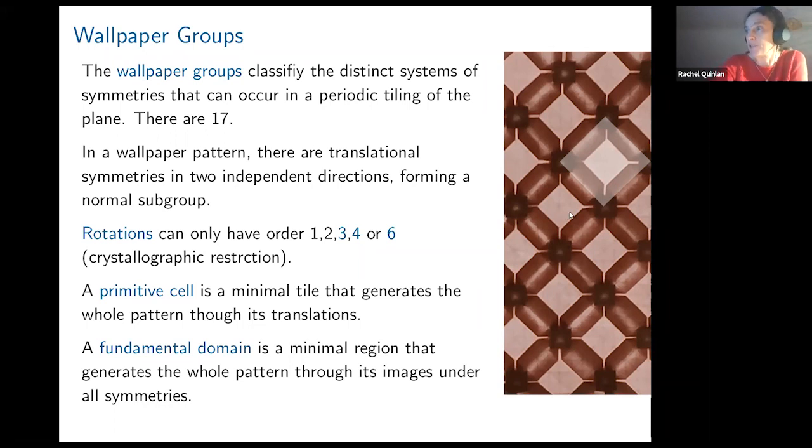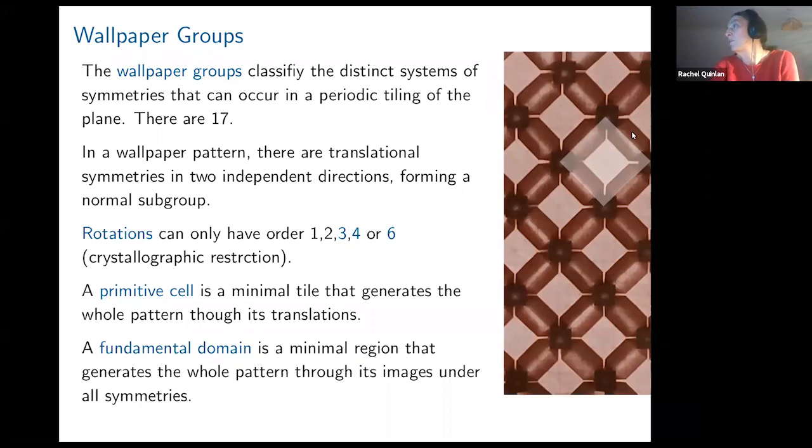But in this particular pattern, we can also observe that there are other symmetries besides the translations. For example, there's a reflection in this vertical axis. There are reflections in the horizontal axes, which are the diagonals of the basic tiles. There are rotational symmetries, fourfold rotational symmetries about the center of each tile, and also about this point where four of these primitive cells meet.